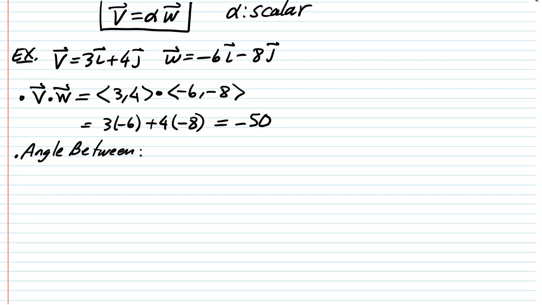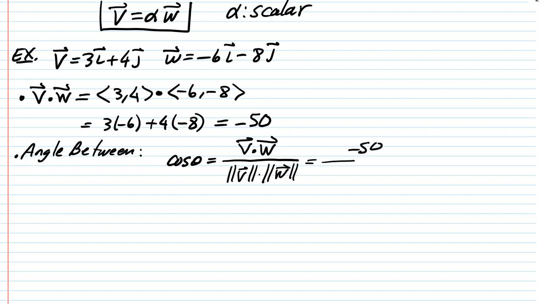Well, remember the formula: cosine theta is the dot product, inner product, scalar product of the two vectors divided by the magnitude of each of those vectors. The dot product we established just now. That's negative 50. To find the magnitude of v, you square its components, 3 squared, 4 squared, times the magnitude of w, squaring its components, negative 6 squared and negative 8 squared.